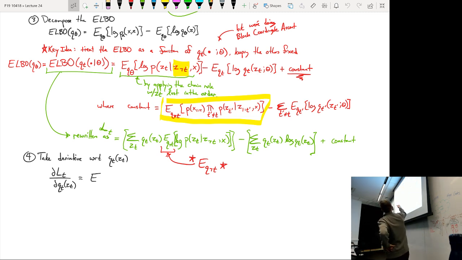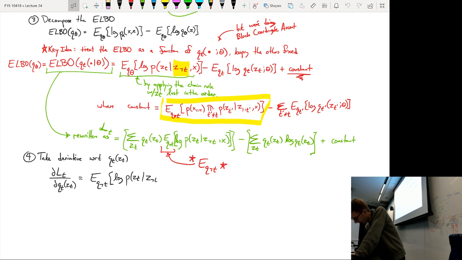So if I take the derivative with respect to QTZT, then all we have is the expectation under Q not T of that log of the probability of ZT given Z not T and X, minus just one of the terms in that other summation, which is going to be log of QTZT.